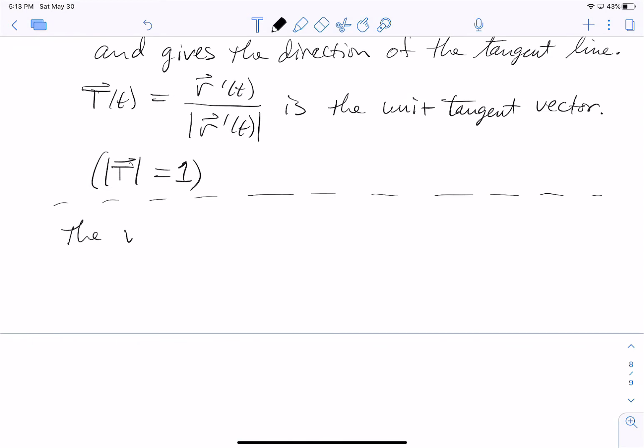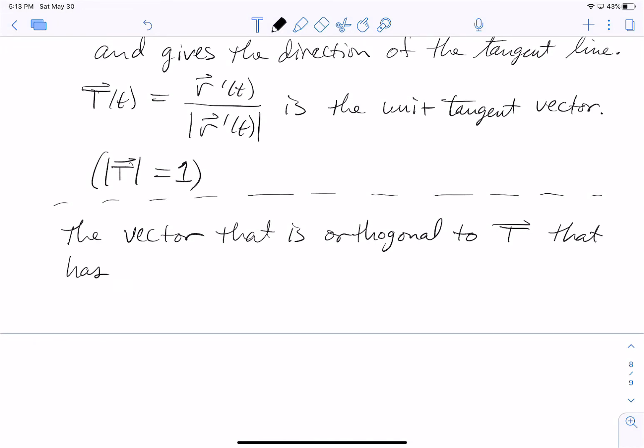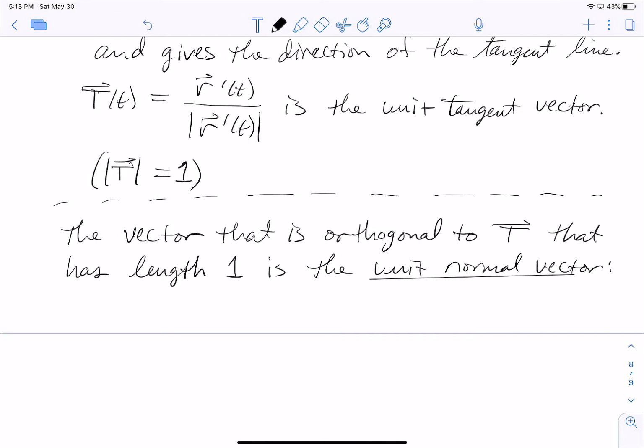The vector that is orthogonal to the unit tangent vector T that has length 1 is the unit normal vector. It's denoted by an uppercase N, and I'll write it as N of t, and it is equal to the vector T prime of t divided by the magnitude of T prime of t.